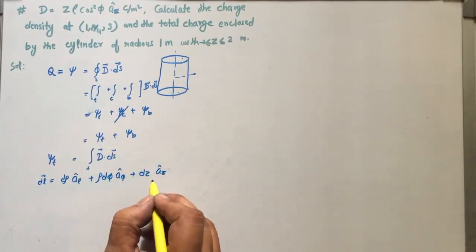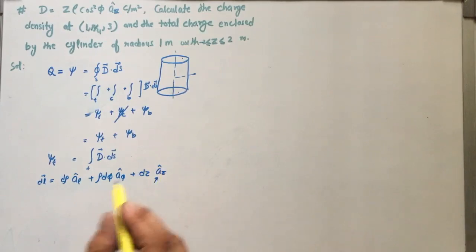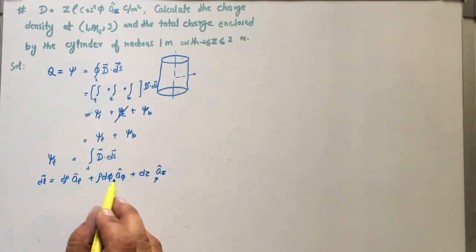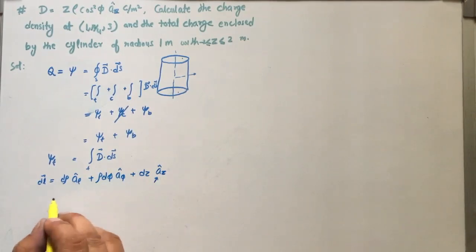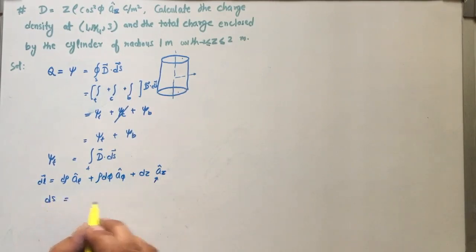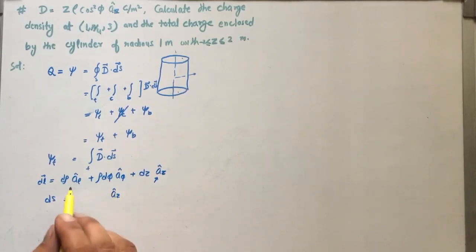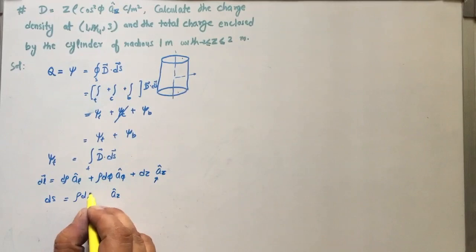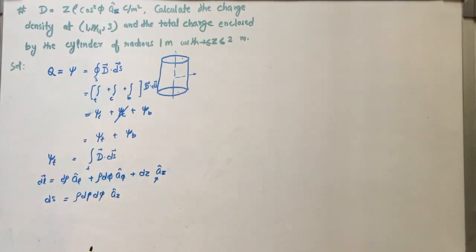And to find the component in the Az direction, we will multiply these two, and the cross product of these two will give us Az. So dS in the direction of Az will be rho d phi. Okay, hopefully it is meaningful.